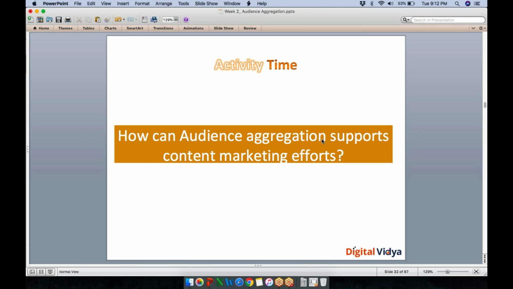Based on who downloads which ebook, you realize what the interest of those people is, correct? Because they got aggregated into different buckets.